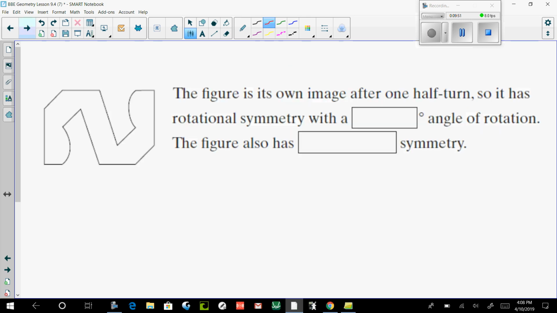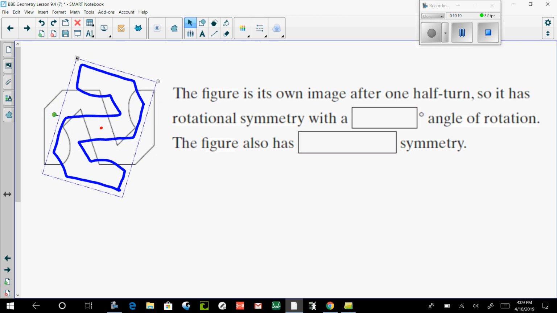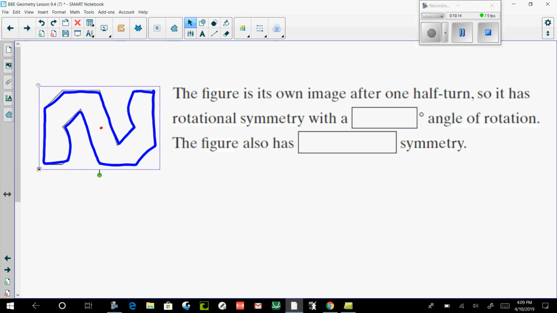So here's a figure right here. It's easier for me, obviously, with technology to take a look at this. I wouldn't recognize this as any particular shape, but if we want to check to see if this does have point or rotational symmetry, we can go ahead and rotate. So if I grab a hold of this shape right here and rotate, this would be 90 degrees. It does not match up. This would be 180, and when I get back to 180 degrees, we map this directly back onto itself.